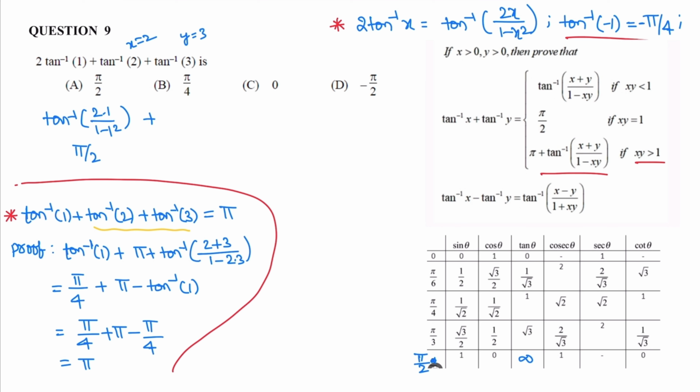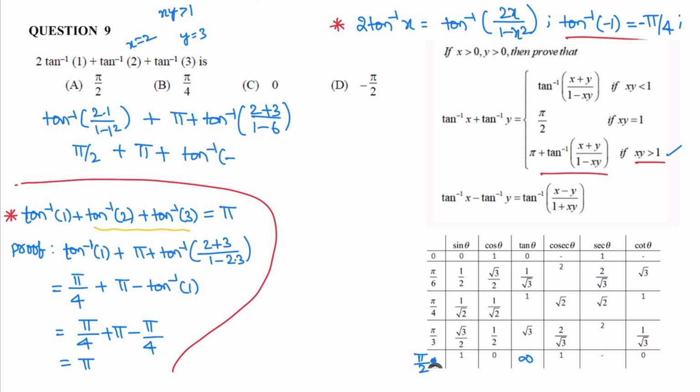So x greater than 0, y greater than 0, xy is greater than 1, so we need to use this formula. So plus pi plus tan inverse of (2 plus 3) by (1 minus 2 into 3). Its value is pi by 2 plus pi plus tan inverse minus 1.